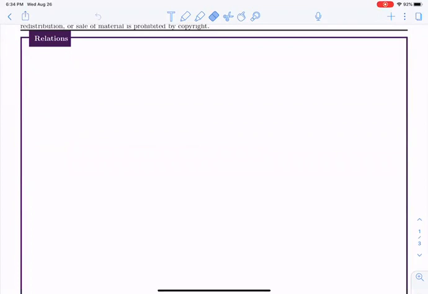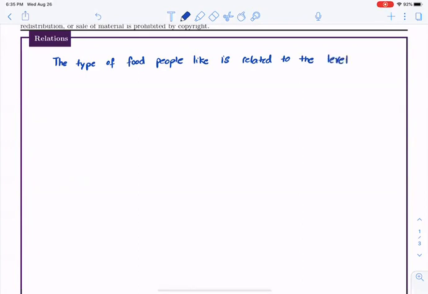A simple scenario would be, let's just say, it's not a true example, but I'm just making this up.